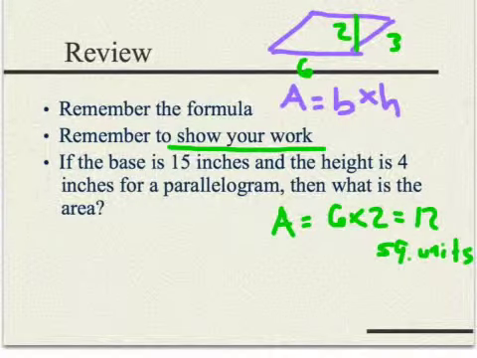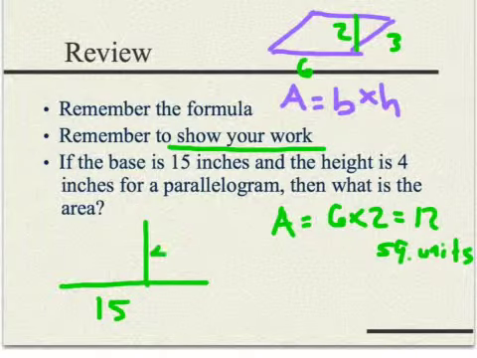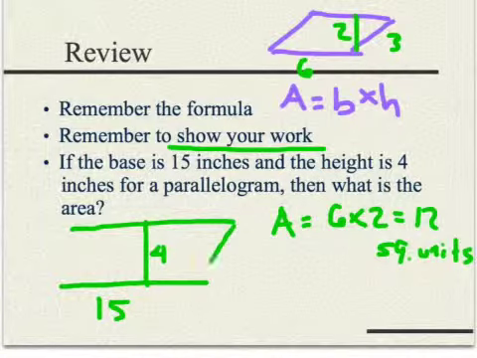One last little example here. If the base is 15 and the height is 4 inches for a parallelogram, I always like to draw it out. So if this was 15 here, then the perpendicular distance would be 4. And so you end up having a parallelogram there. What's the area?